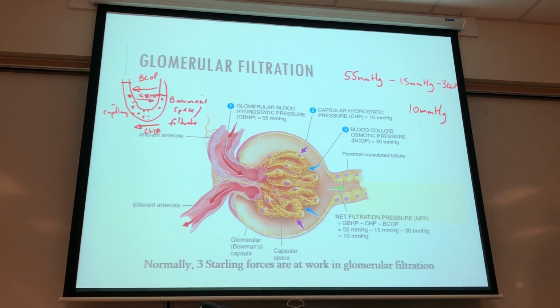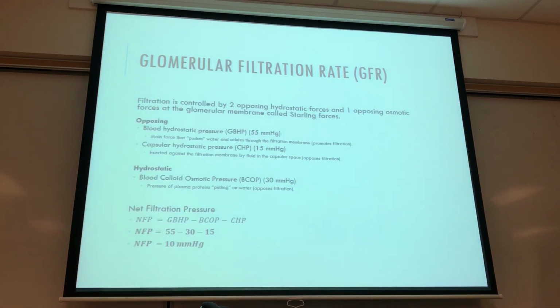All right, so that is our glomerular filtration rate. And each of these are described for you. Blood hydrostatic pressure, capsular hydrostatic pressure, exerted against the filtration membrane by fluid in the capsular space, and then blood colloid osmotic pressure. So those haven't changed.